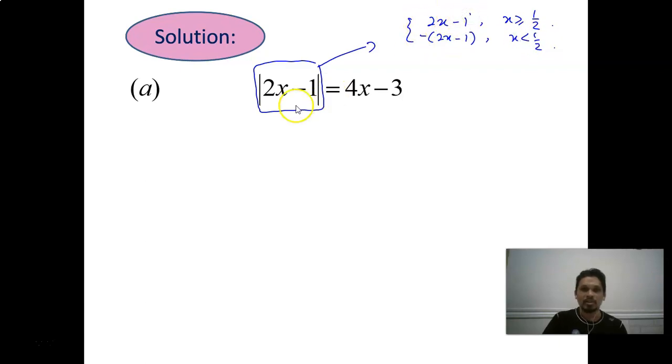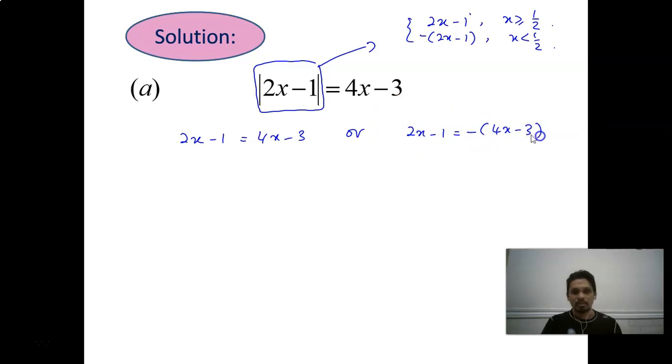Take the first definition, 2x minus 1 equal to 4x minus 3, or negative (2x minus 1), so the negative is brought to the other side, so 2x minus 1 equal to negative (4x minus 3).